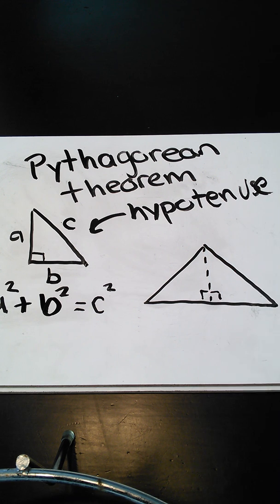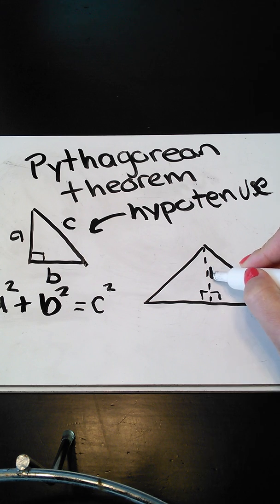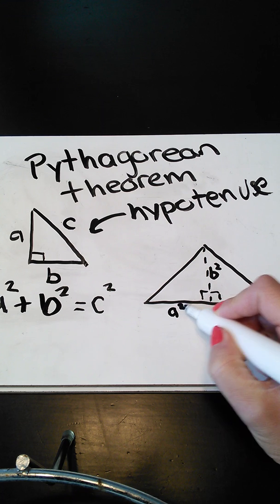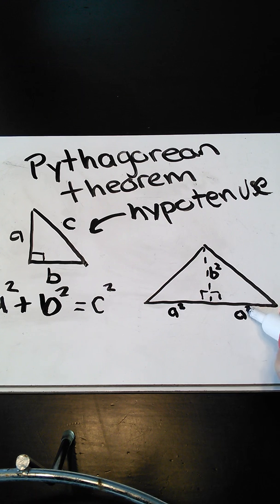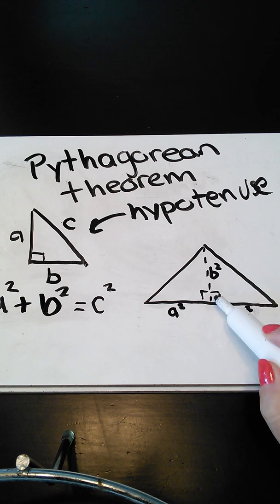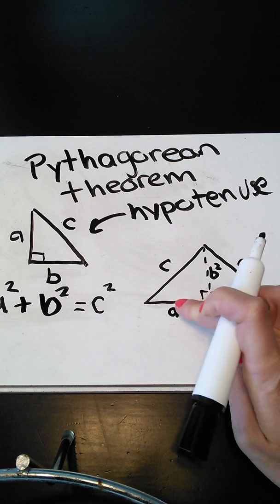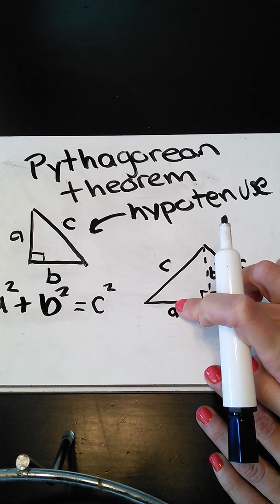So if we need to find out some unknown numbers, we would be able to find out the height in this, which would be our B. We would have our two adjacent side lengths unknown, which would be our A. And across from the right angle would be our hypotenuse. Oh, sorry, they shouldn't be squared. It's just A, B, and C.